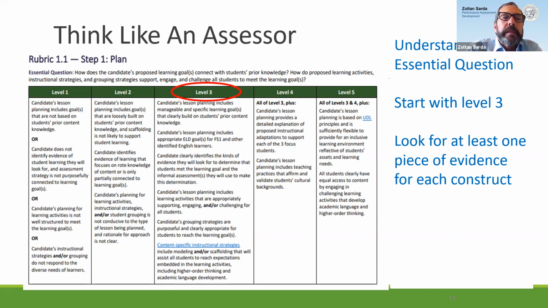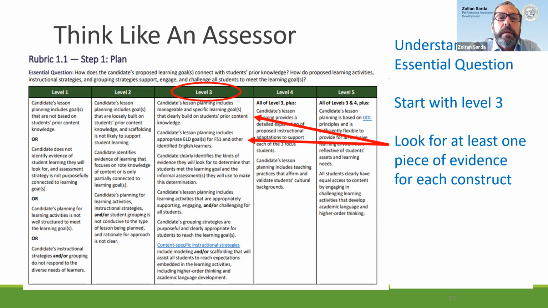On this one, rubric 1.1, there are 6 constructs, and they look for at least one piece of evidence for each of those constructs in the sources of evidence, and there are multiple sources of evidence for step 1. If they find evidence for each of those 6 constructs in rubric 1.1, they will then move to level 4 and repeat that process.